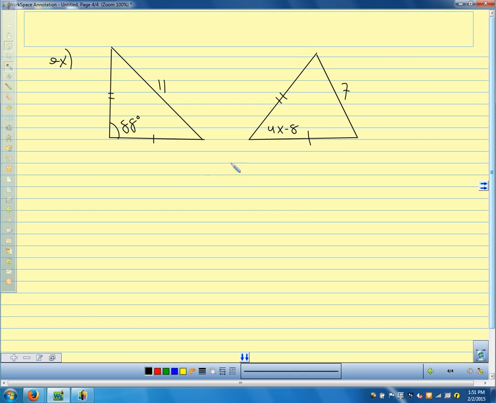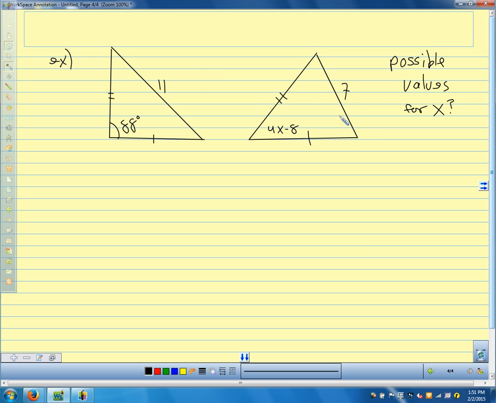And this question asks us, what are the possible values for x? So kind of like our opener, slightly different though. So here we have two sides of our triangles, congruent. We have the included angle, and this side is 11 and this side is 7.